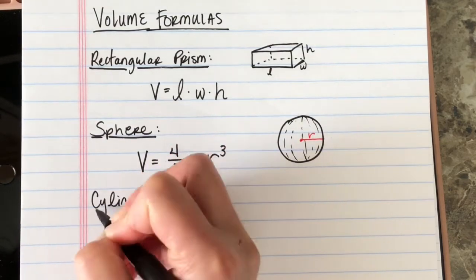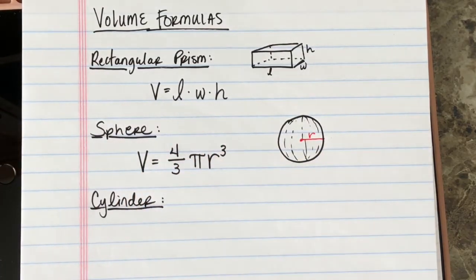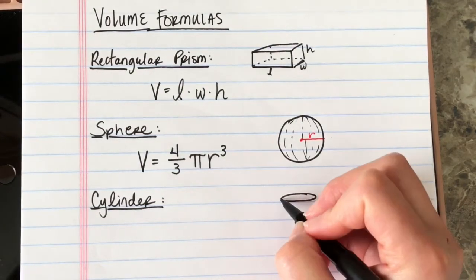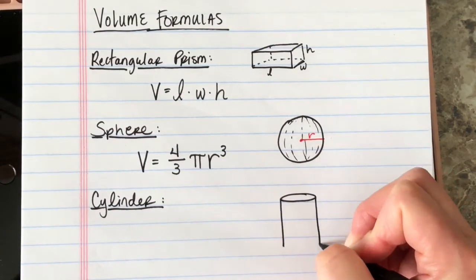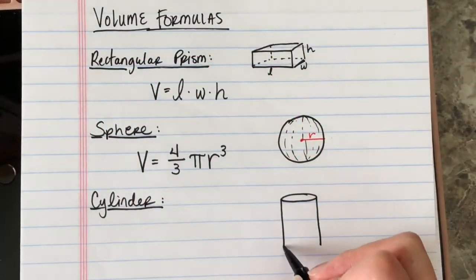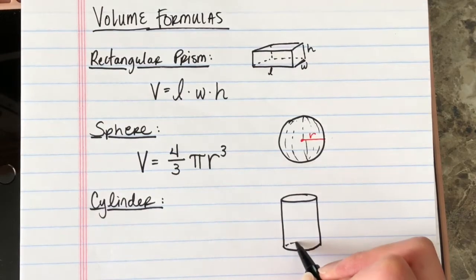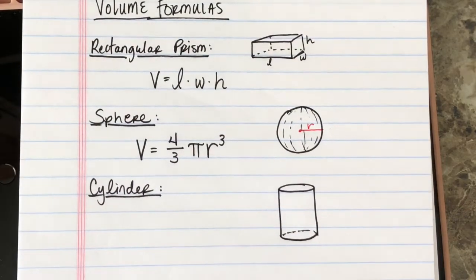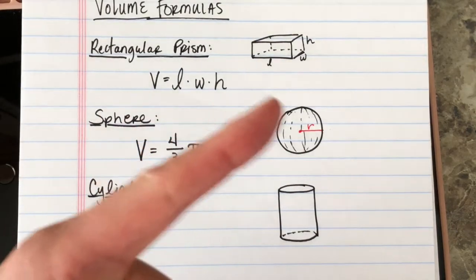I know I'm going kind of fast over these because you guys learned these in math too. A cylinder is a circle, and then you take that circle and you stretch it upwards, and then it's going to create a cylinder. I like to think of it as a can of soup or a soda can because once again, it's food related.